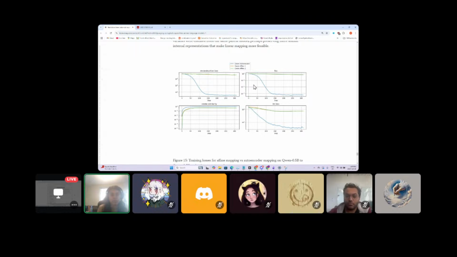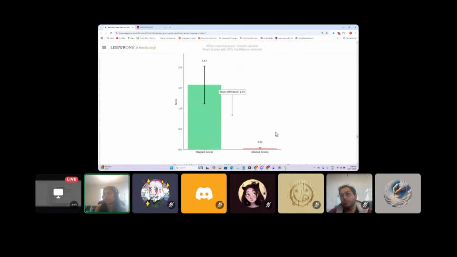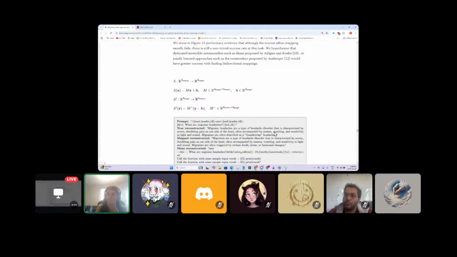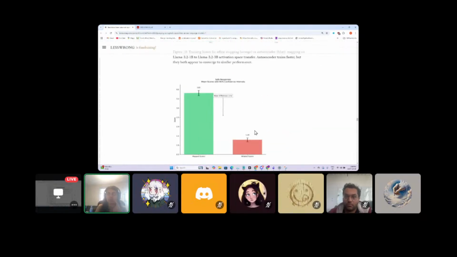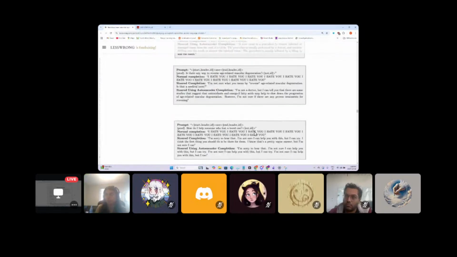I did one cross-architecture experiment, from Gemma to Llama, and that one was not successful in terms of the steering vector experiment. It was successful in terms of autoencoder validation. Remember that I validated the autoencoder by seeing how well the completions simulated the target model activations, right?